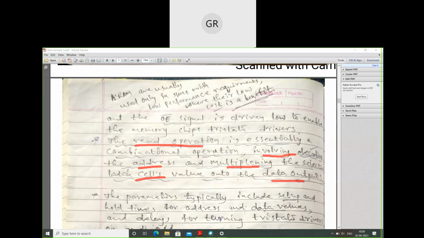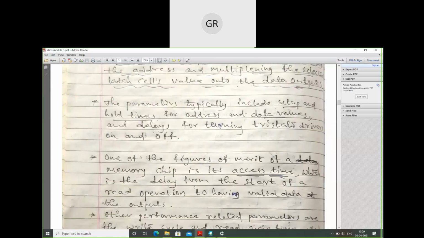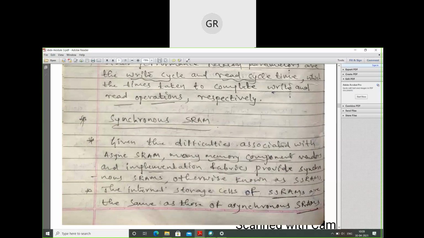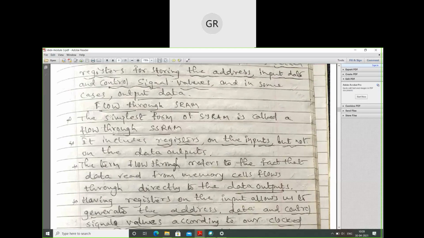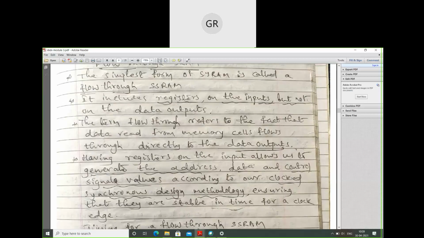In synchronous SRAM, the first type of SSRAM is flow through SRAM. The simplest form of SSRAM is called a flow through SSRAM. It includes registers on the inputs but not on the data outputs. Just remember, this point is very important.